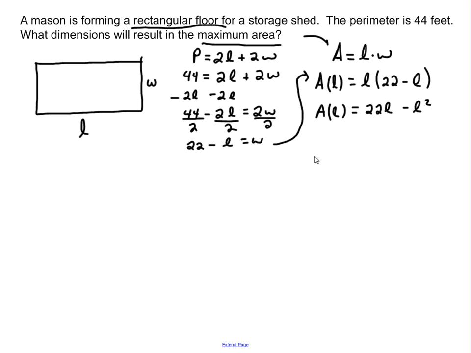Well, what does that mean to me? Remember, if we were looking for a maximum, in essence what we're doing is that our maximum always occurs on a parabola, on a second degree polynomial like this, at the vertex. And we're looking for the maximum or minimum area at that vertex when we're doing it.